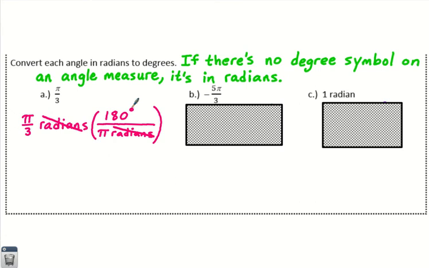So radians go away, and what we're left with would be in degrees now. So the radian units cancel, but something else cancels. Pause the video, or I'll give you at least a few seconds here. What else cancels?